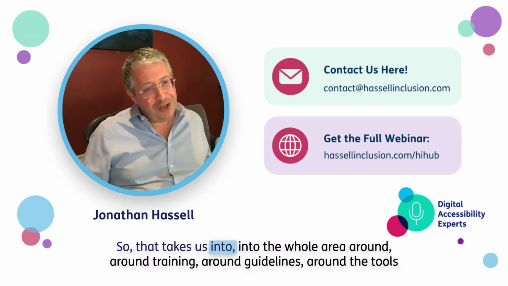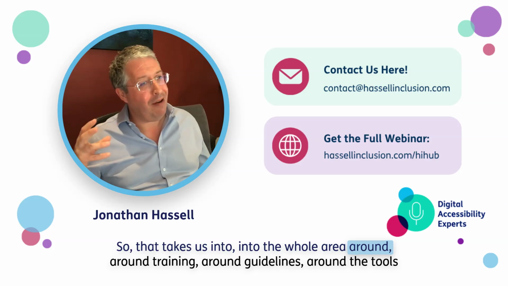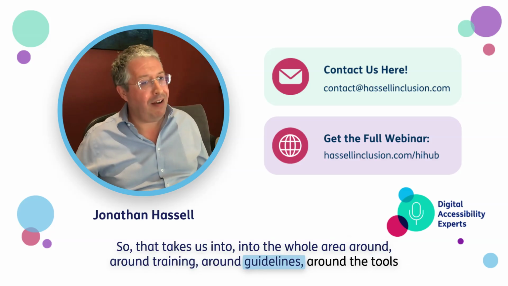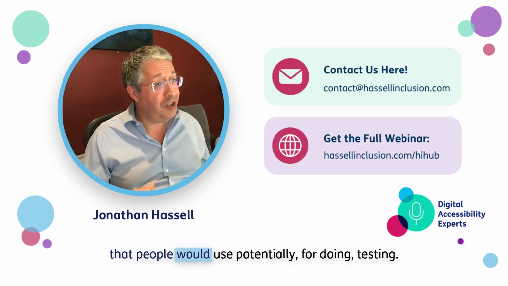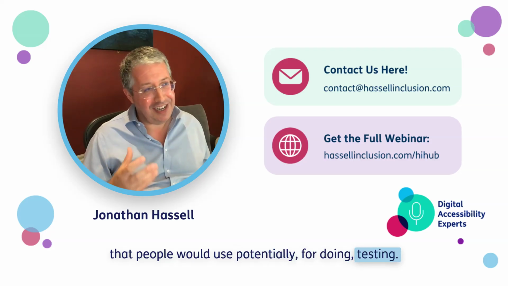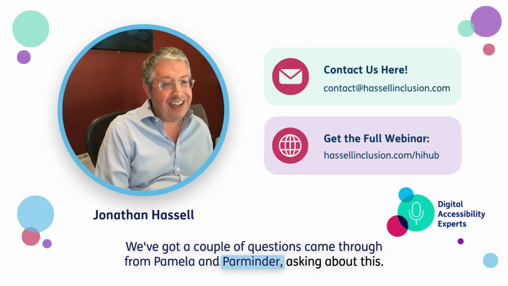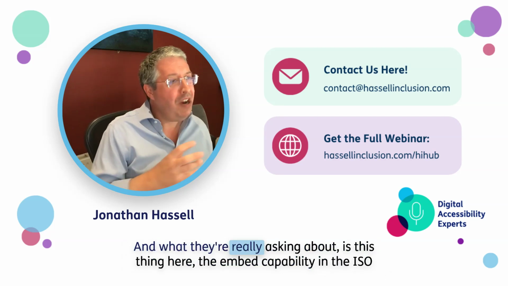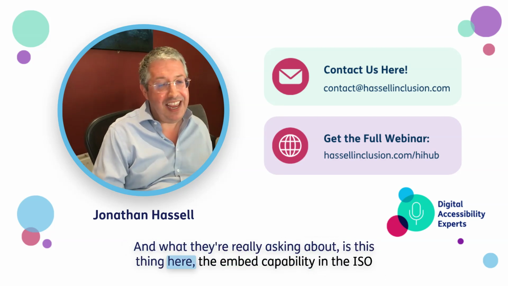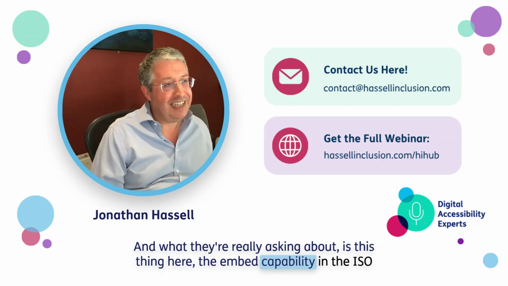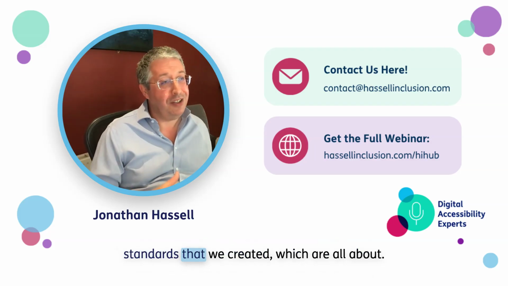So that takes us into the whole area around training, around guidelines, around the tools that people would use potentially for doing testing. We've got a couple of questions came through from Pamela and Parminder asking about this. And what they're really asking about is the embed capability in the ISO standards that we created.